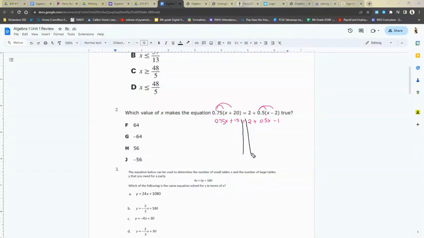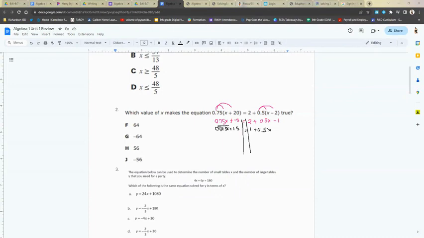There's 2 and 1, and that's just going to be 1. Then I'm going to put plus 0.5x equals plus 15 plus 0.75x.